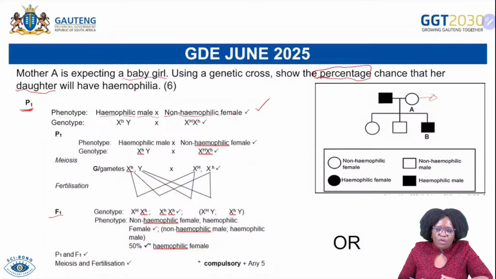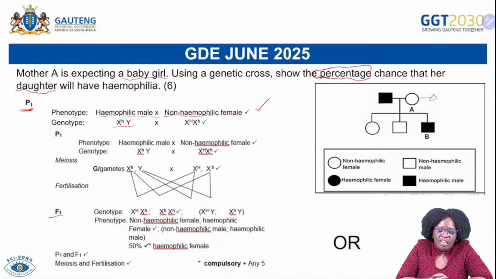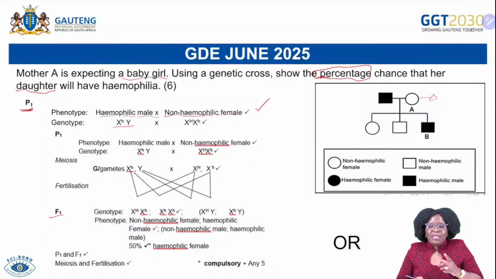The genotype, you now look at the genetic makeup of the father. This male here is shaded, and therefore this is the genotype. It's X, small h, and a Y. Y, just remember, it's not carrying anything. Sometimes learners have a tendency of adding something on the Y. Just remember every time that when you see XY and it's a genetic problem, Y is not carrying anything.